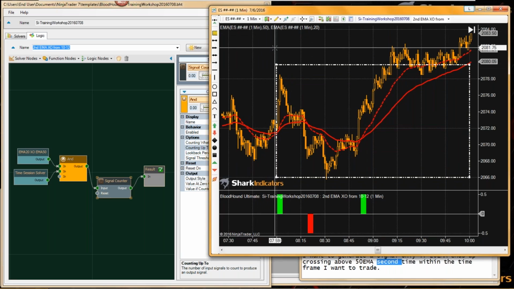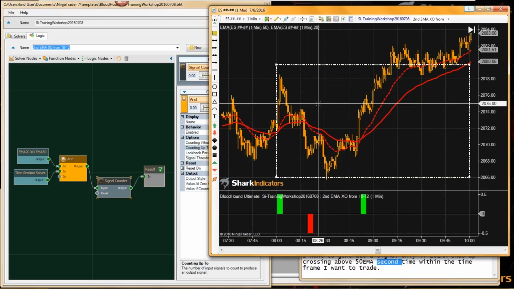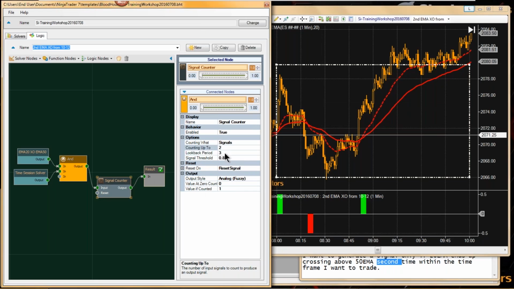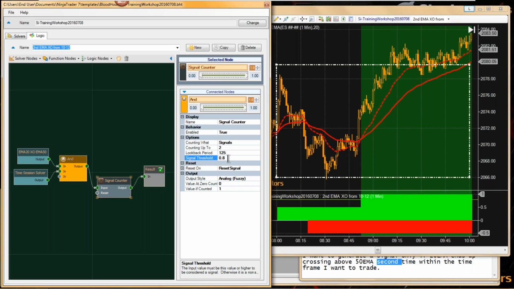If I'm using a range chart or a Renko chart, then you're going to have to do some estimating to figure out the most possible number of Renko bars within this 2-hour window, and just go with that estimate. So since I know there's only 120 maximum, I will just set this to 125. I'll just go over a tad bit, just to be safe.